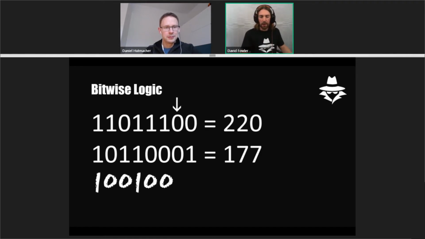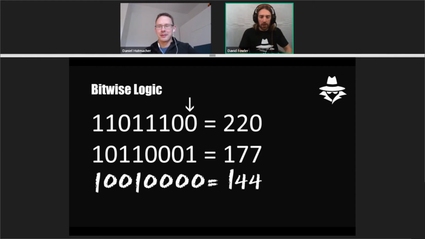So remember, a 0 and a 0 bitwise will still give us a 0. And last but not least, the least significant bit in 220 is 0. A 1 in 177 will give us a 0. So applying a bitwise AND to 1101 1100 and 1011 0001 results in the byte 1001 0000, or 144. And that is how bitwise logic works.